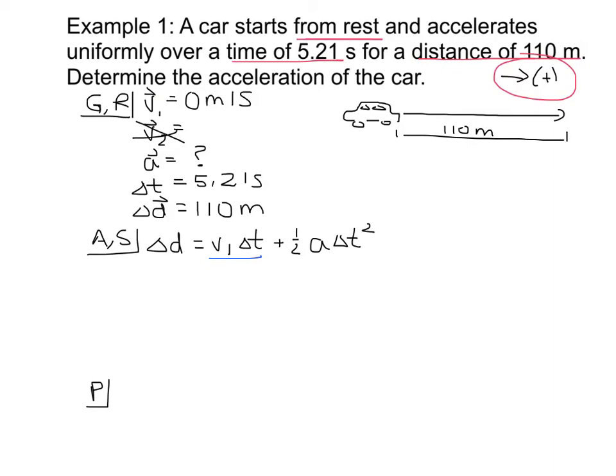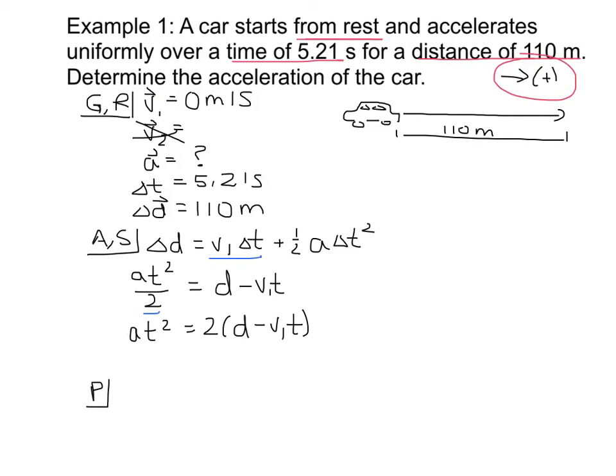So I'm going to have this acceleration times time squared over 2 equals distance minus v1 times time. And I'll continue with my rearranging here. I need to move my 2, so I'll do that next. And it's divided, so I'm going to multiply to do the opposite. So a t squared equals 2 times d minus v1 times t.